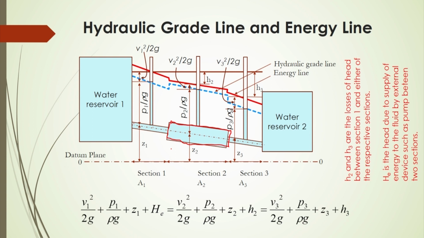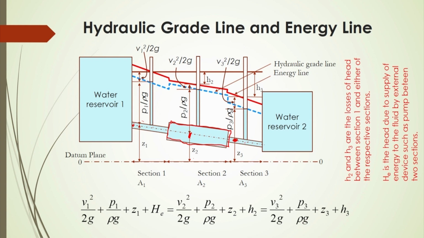Consider the section where the section height is Z1, another where it is Z2, and another where it is Z3.